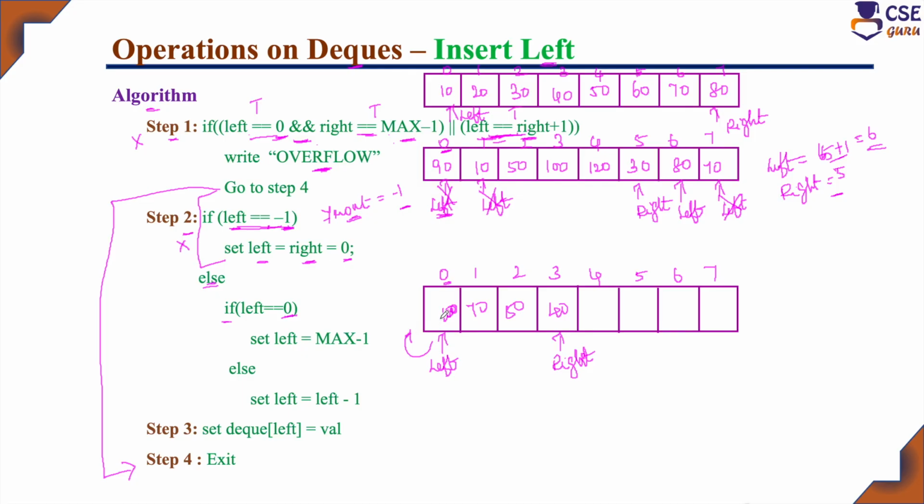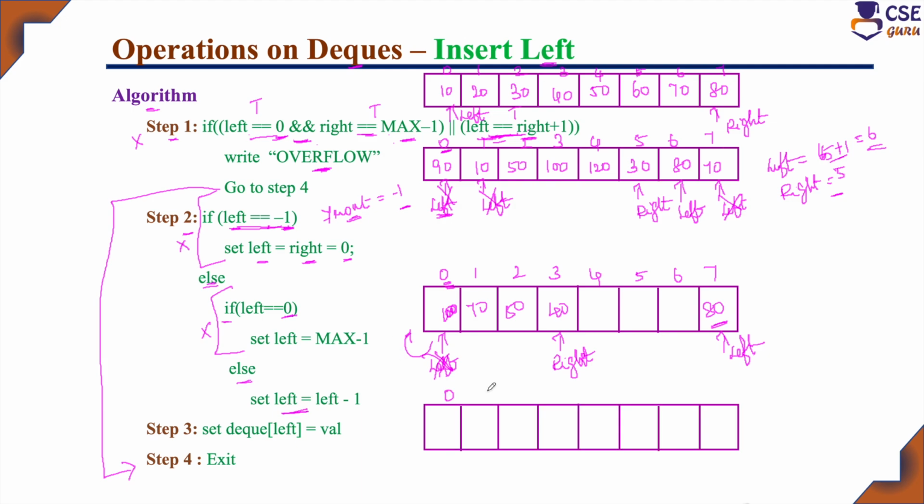So in this case, what we have to do is reset the left pointer to the max minus 1 memory location and then place the element. When the left pointer has reached the 0th position, reset the left pointer to the max minus 1 position and place the element. Suppose this condition is also false; this is the normal case, left is equal to left minus 1.